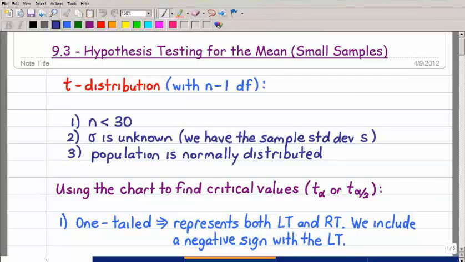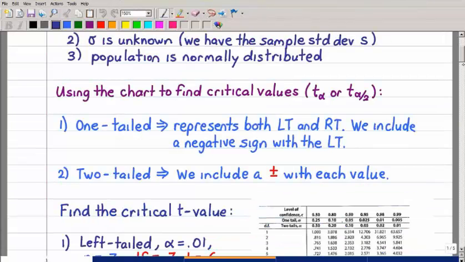Now, also, just like for confidence intervals, we're going to get our critical values off of a chart, because as we learned before, the t-distribution has different shapes based on the degrees of freedom. So we have values that we will use and I'll have to calculate.